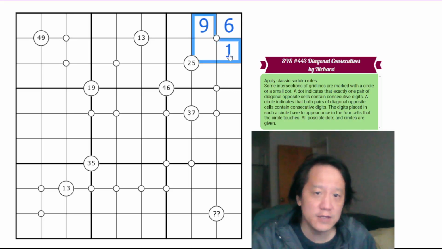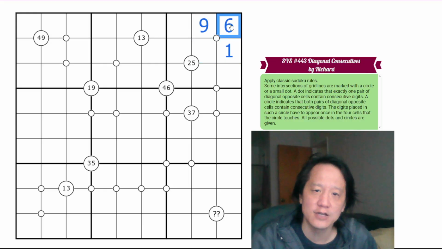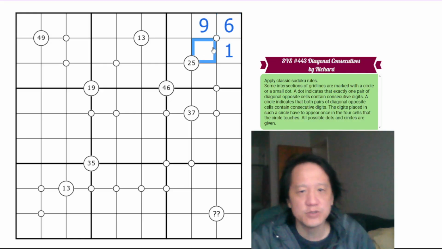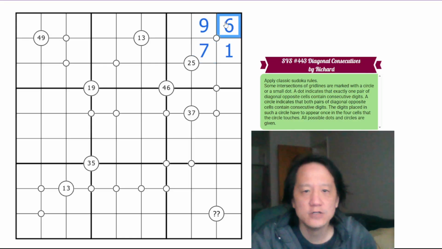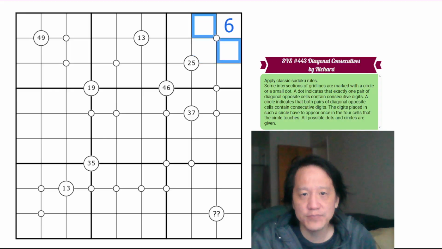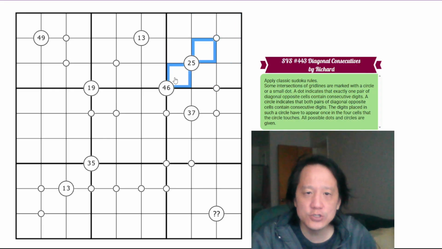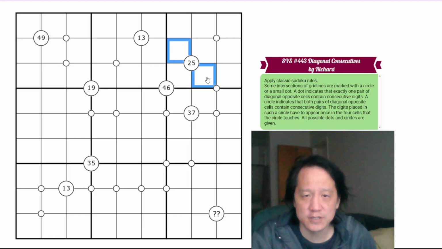Well, we know these are not consecutive, so therefore there must be exactly one consecutive pair in the diagonals. So therefore, since this is 6, this would have to be 5 or 7 here to satisfy the small dot diagonal consecutive rule. And the large dot must have 2 sets of consecutive digits. They both have to have diagonal pairs being consecutive.